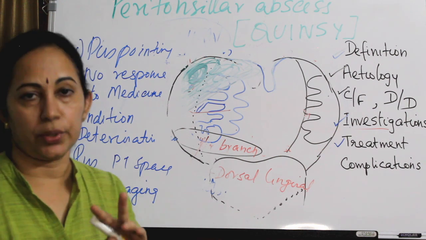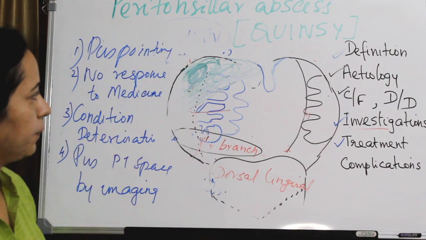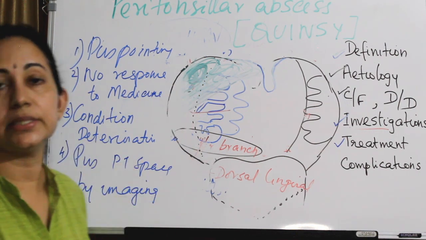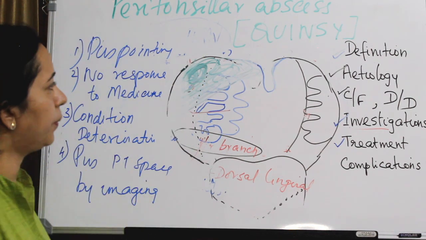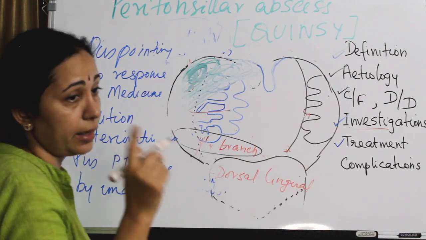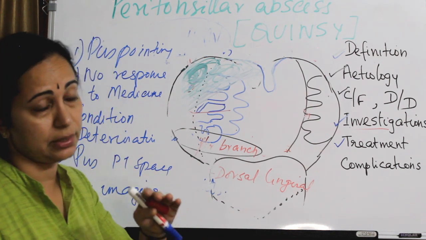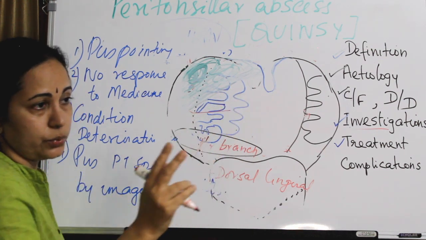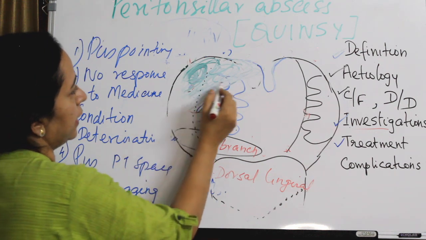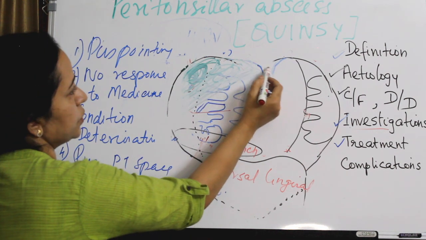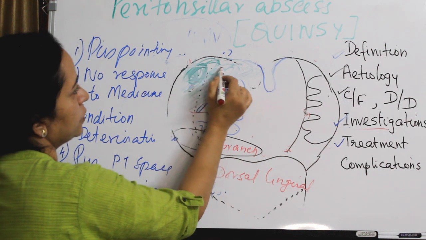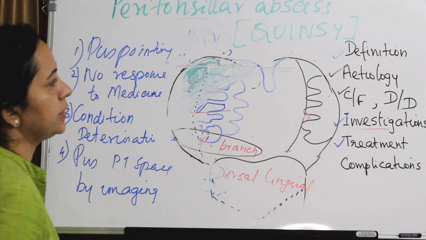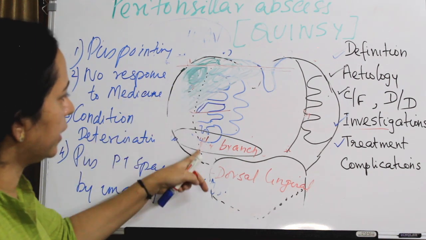So the question is, where will you put the incision? There are 2 points. One, you can very well put it at the point of maximum bulge. If here is a maximum bulge, you can put an incision over there. Or another point is usually asked in viva, and you have to stick to this if you are doing this in a clinical setting also. You have to draw 2 imaginary lines, one passing through the base of the uvula like this, and another line passing through the anterior pillar.